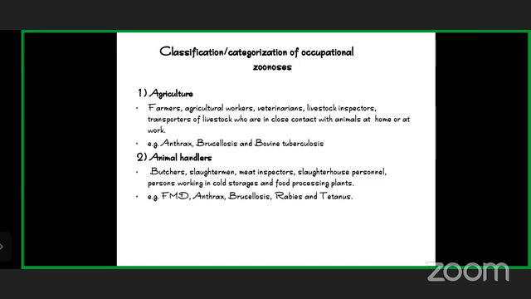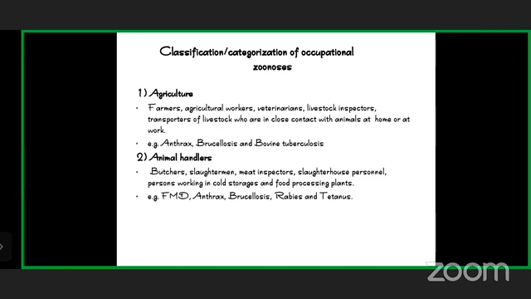For example, the bulls are used for draught purposes, so for treating those animals, a veterinarian is required. The same goes for livestock inspectors and the persons involved in transporting agricultural products, the transporters of livestock, and various other persons who come in contact with animals, either at their farm or at their home, at any place it may be.